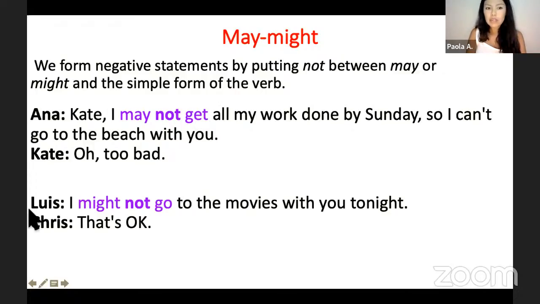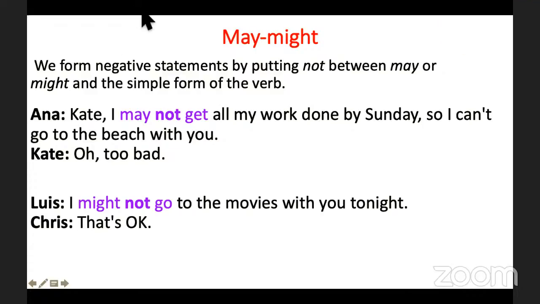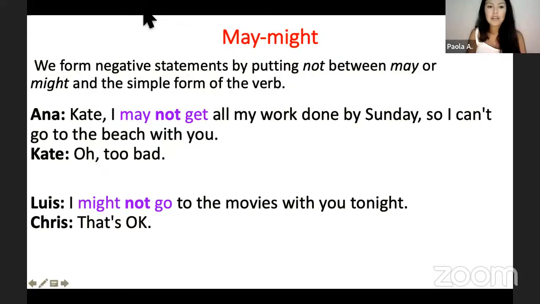And here, Larissa, could you be Luis, and Daniel, Chris? I might not go to the movies with you tonight. That's okay. All right, great, thank you very much. So here, they're just describing that something may or might not happen, right?